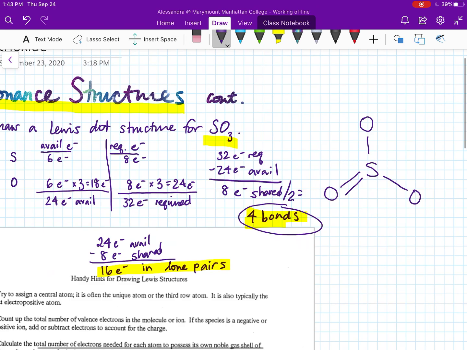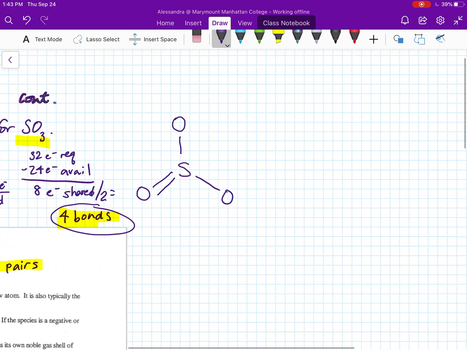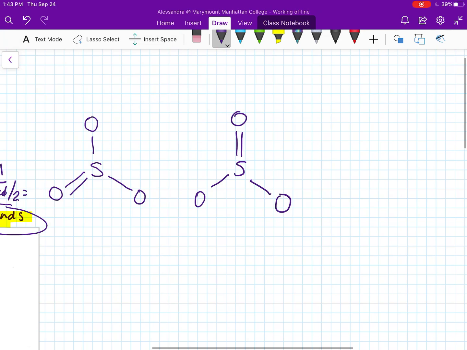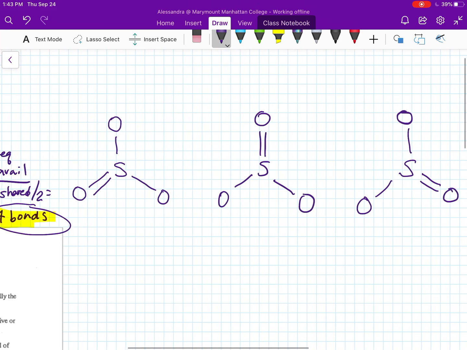I could have put it anywhere though, right? I could just as easily have put it up here and left these bonds single. Equivalently, I could have put it here. I just made an arbitrary choice to put it in one spot, but I could have put it in any of those 3 spots and it wouldn't make a difference.